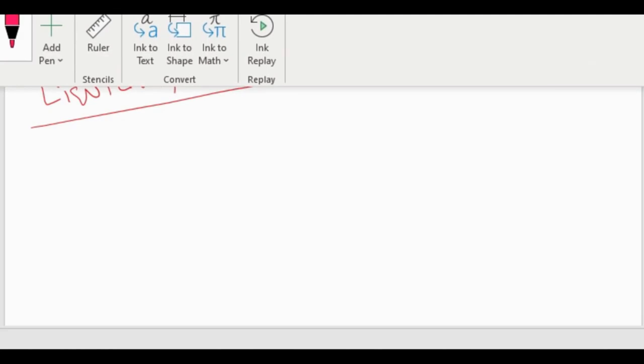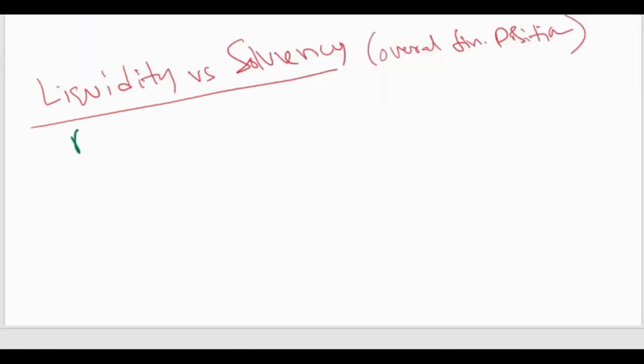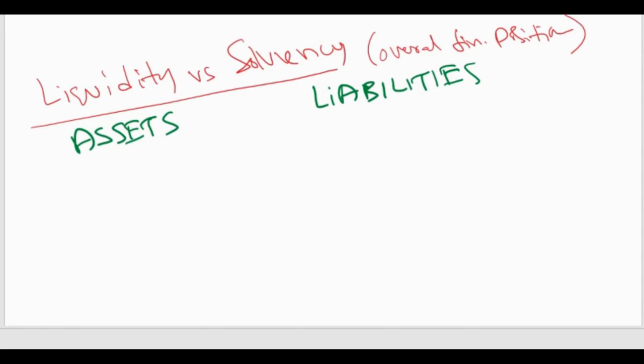So you have some assets and then you have some liabilities, correct? So here liquidity talks about short term, and solvency is long term. So let us take both the categories and then check.